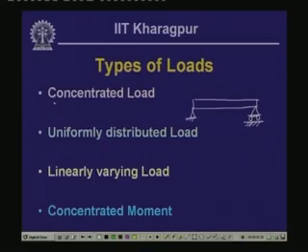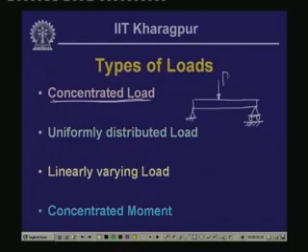Then we have one load which is known as concentrated load. The meaning of this is that if a load acts on a very small, infinitesimally small area, then that force or load we call a concentrated load, which is acting on a very small area. So, this kind of loading we call the concentrated load.